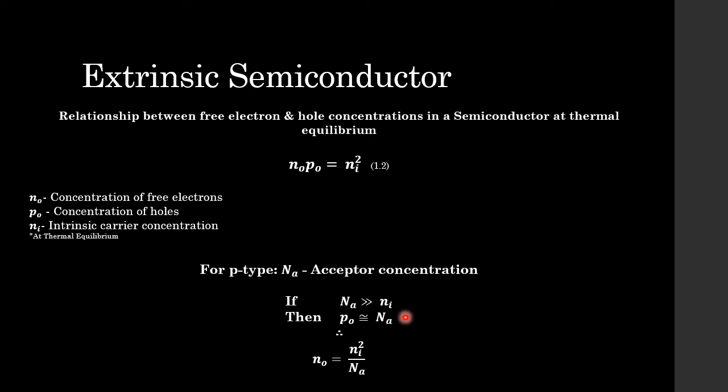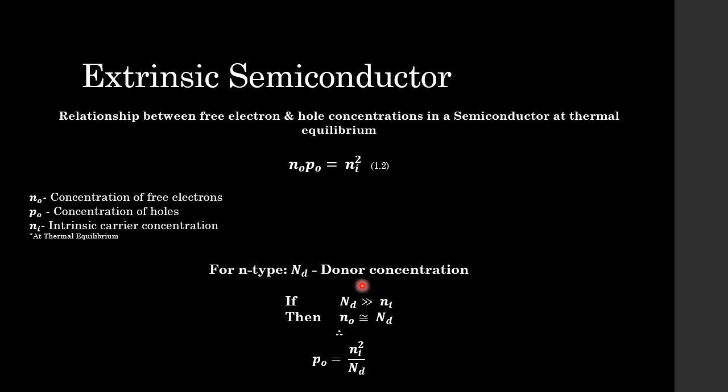And that's how we then calculate the concentration of holes. Therefore, once we have the intrinsic carrier concentration and now the concentration of holes, we can calculate the concentration of free electrons. So using this equation 1.2, we can use it to calculate concentration of free electrons, holes, or even the intrinsic carrier concentration. The same equation can be used for an n-type semiconductor.